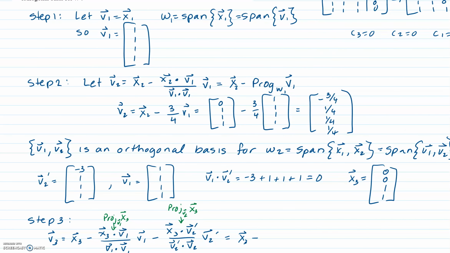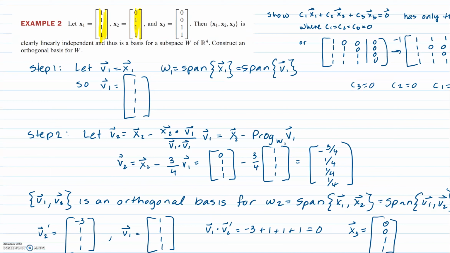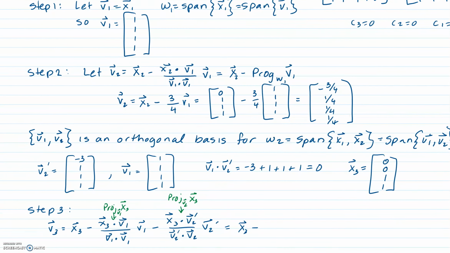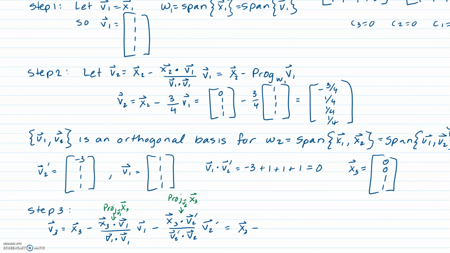Since x3 is (0, 0, 1, 1), x3 dotted with v1 is 1 plus 1, which is 2, and v1 dotted with itself is 4.